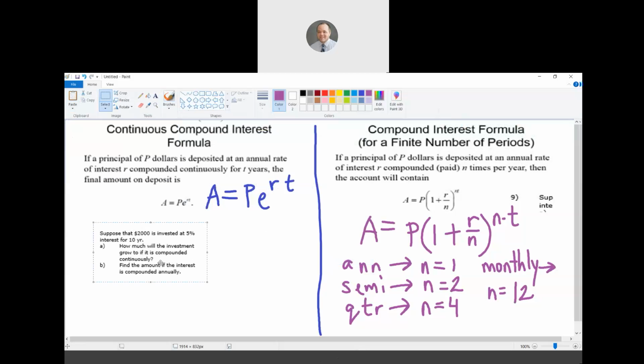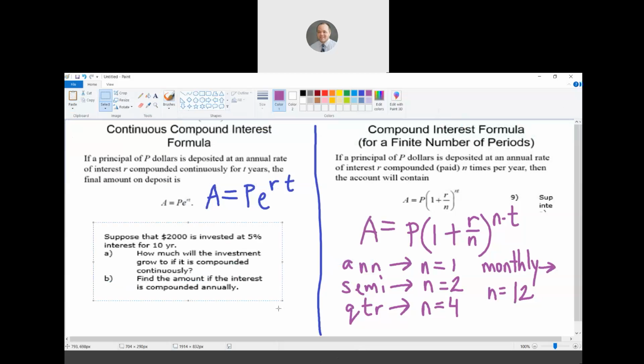And actually, we can do this question. This question will need both formulas. So yeah, let me put this in the middle and erase some of this so we have room to work.